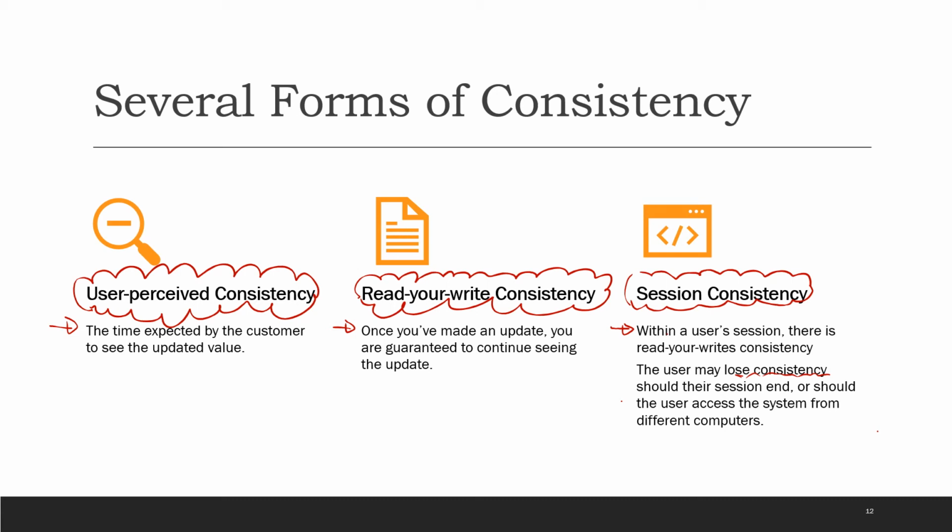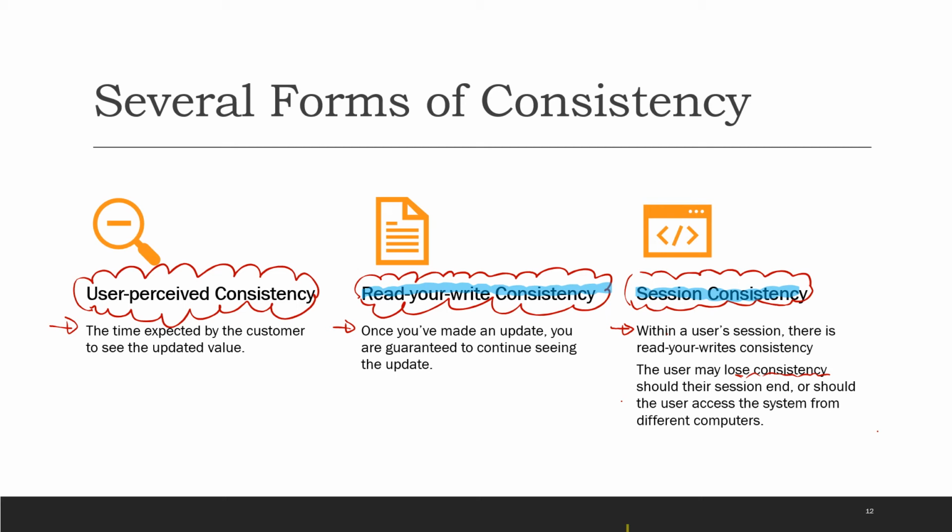eventually become consistent. And also, with these many types of consistency, sometimes the application can be developed in the way that improves the user experience. For example, if we have read your write consistency, or if we have session consistency, right? We as a user, we feel happy because we have seen our own updates.